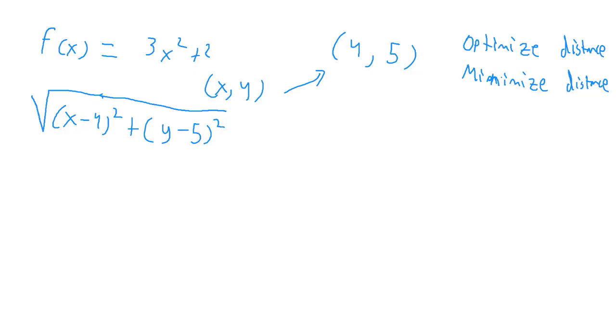Because we're on this curve, we want to turn this formula into a formula of only one variable, so that we can take the derivative, set it equal to 0, and solve for one variable.